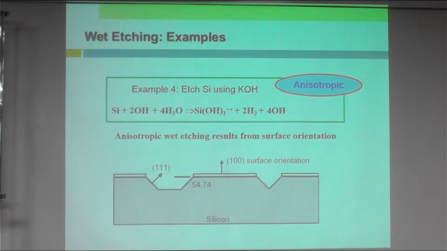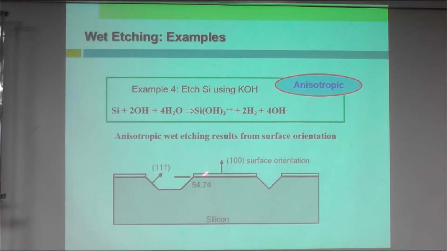Another example of etching: we know that silicon has a crystal orientation, so this kind of cutting is possible. Anisotropic wet etching results from surface orientation.